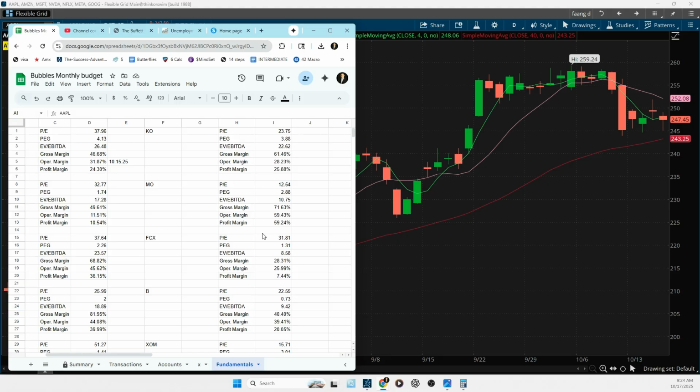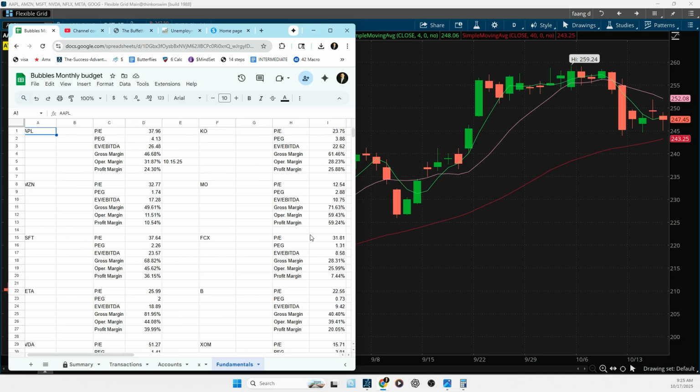So MO still almost 60%. We're at almost 25 here. So if you just look at the bottom line, obviously this is taking the cake, but this is a dividend king. What can you say? It's definitely a stock portfolio king.